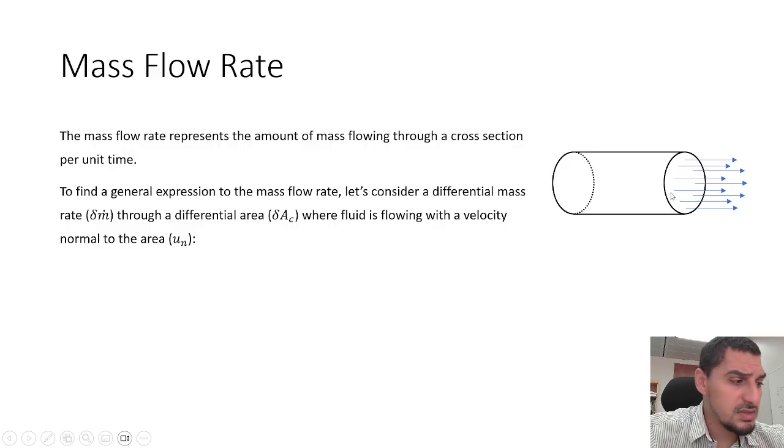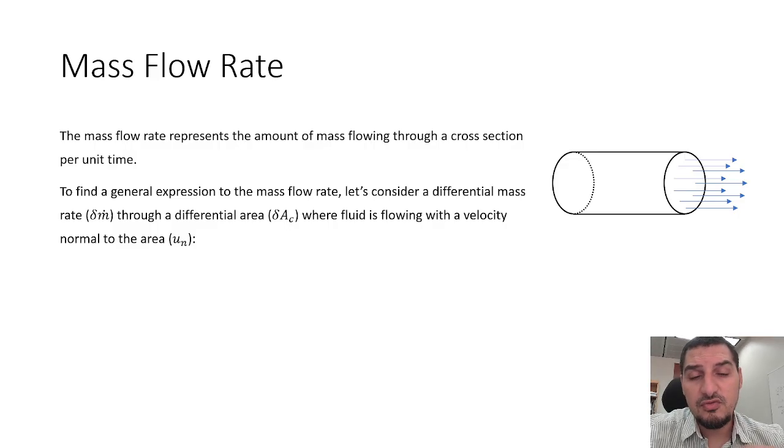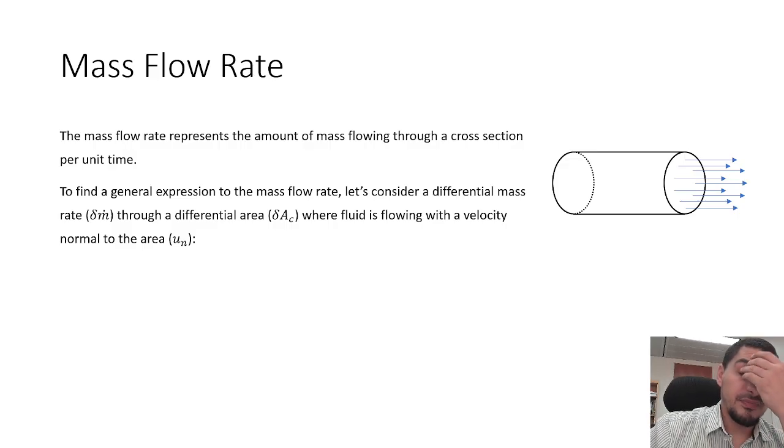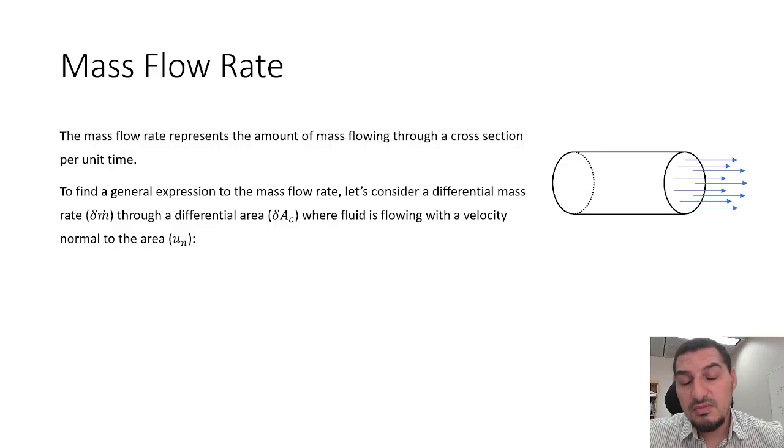The reason we use this circular pipe is that this is the most common shape of pipes, what you'll find everywhere, used in homes and in chemical plants and everywhere.